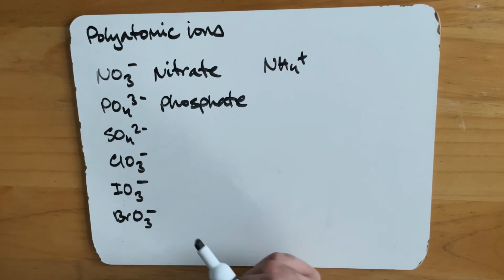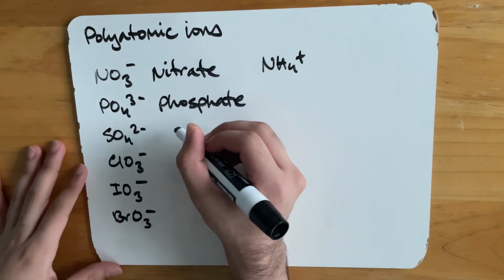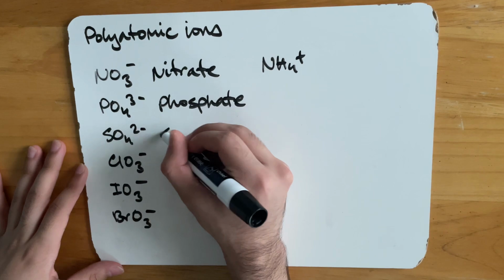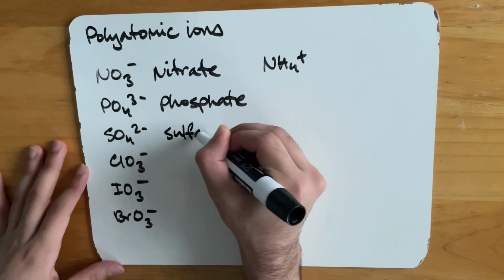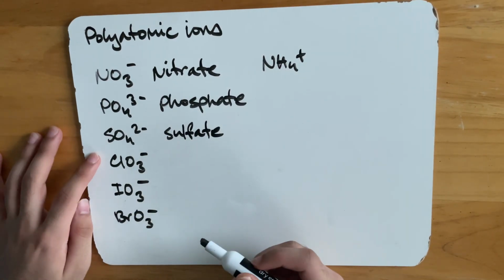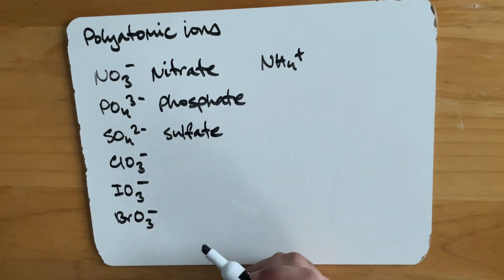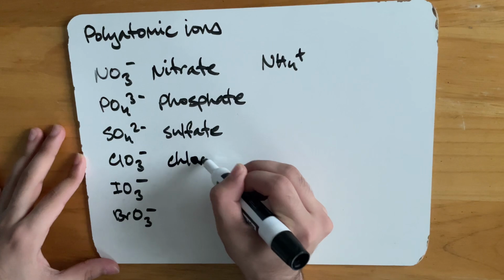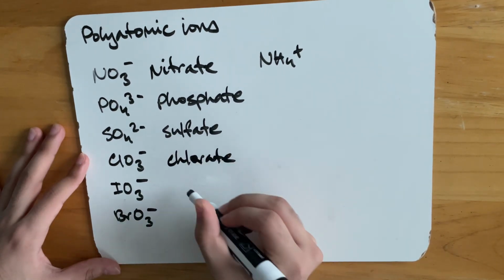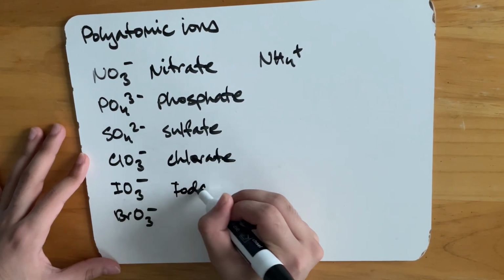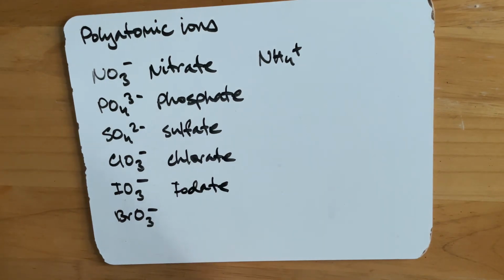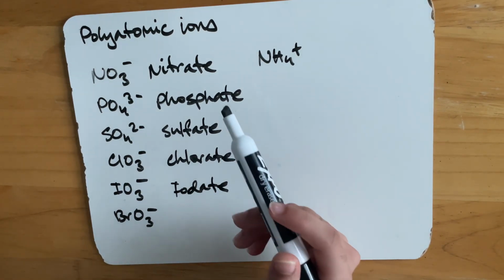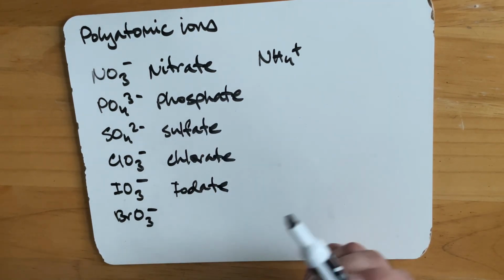So these are the base ions. This one, you can probably guess, will be -ate, and it does. It's called sulfate. This also ends in -ate. This is chlorate, and this is iodate. You can see so far that a lot of the things that end in -ate have 3 oxygens.